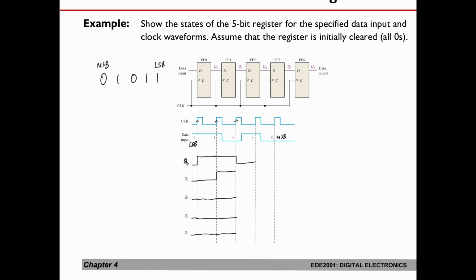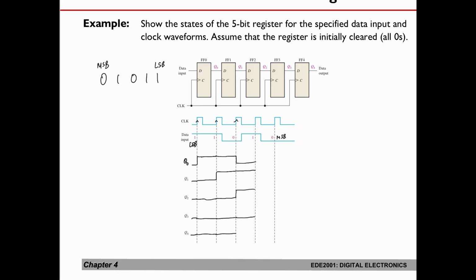But during the rising edge, your Q0 output was still a 1, so Q1 will continue to be a 1. For Q2, the Q1 output was a 1, so at the next rising edge, Q2 will become a 1, and so on and so forth.